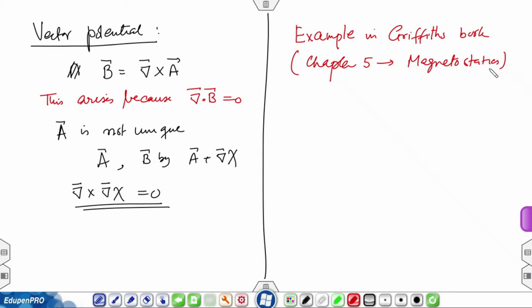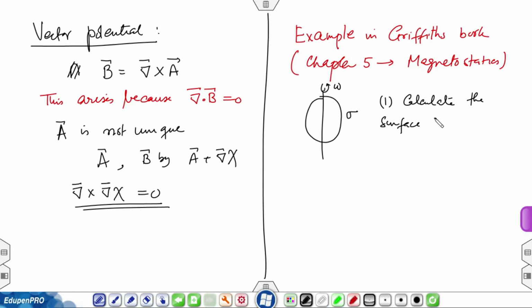He solves it, and the problem is this: given a spherical shell carrying uniform surface charge density sigma is rotating about the z axis with angular speed omega. What I want you to calculate is, number 1, the surface current density.